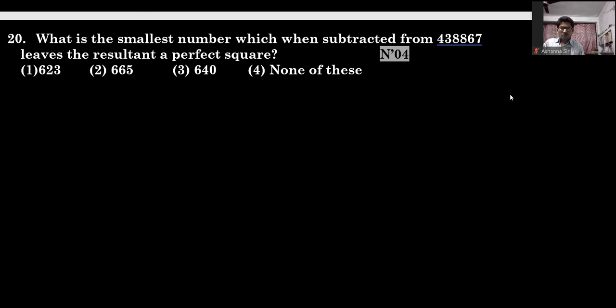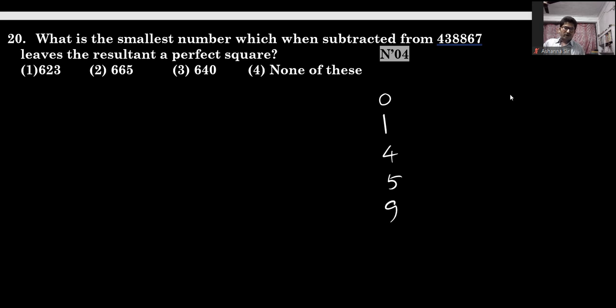Children, we know the perfect square numbers end in 0, 1, 4, 5, 9.